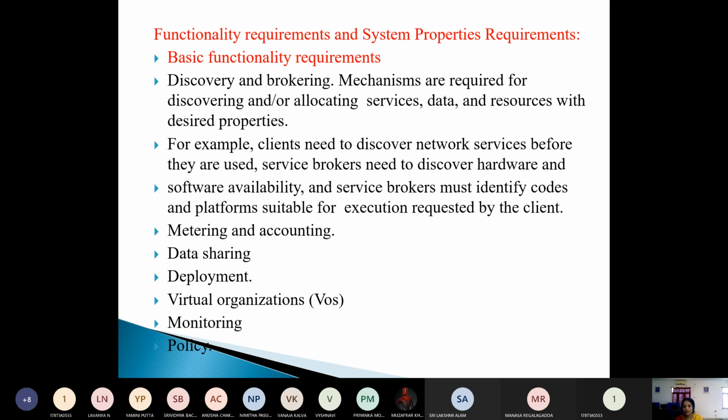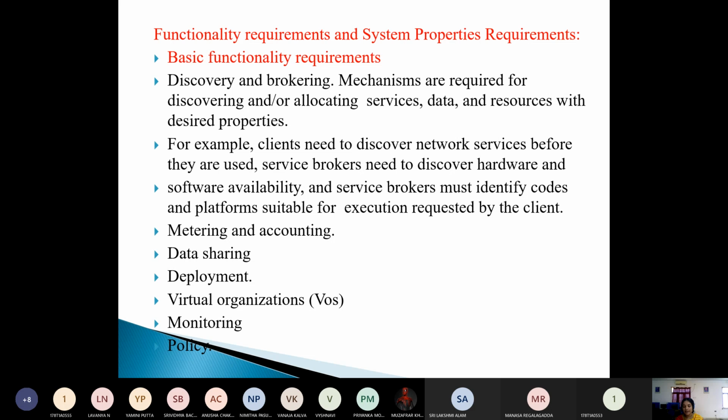Next, coming to virtual organization. What is meant by virtual organization? Whatever data we have is executed in the hosting environment, and the applications are run as running apps. So this is called deployment.